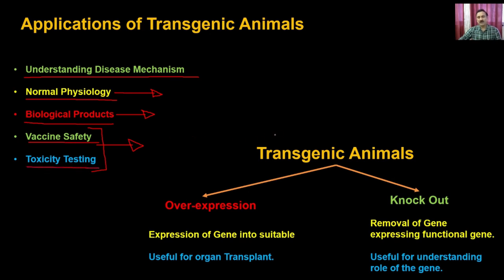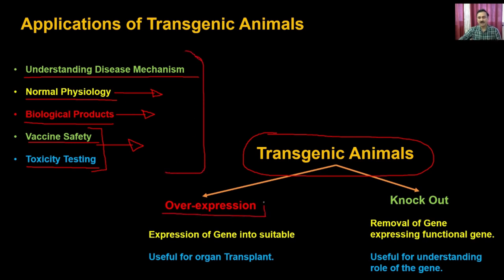Transgenic animals contribute in all these aspects in two ways. One, where you overexpress a foreign gene in a transgenic animal by expressing the gene in a suitable vector, and these organisms help in understanding disease mechanisms or normal physiology, and can also help you produce biological products as well as some of these molecules.